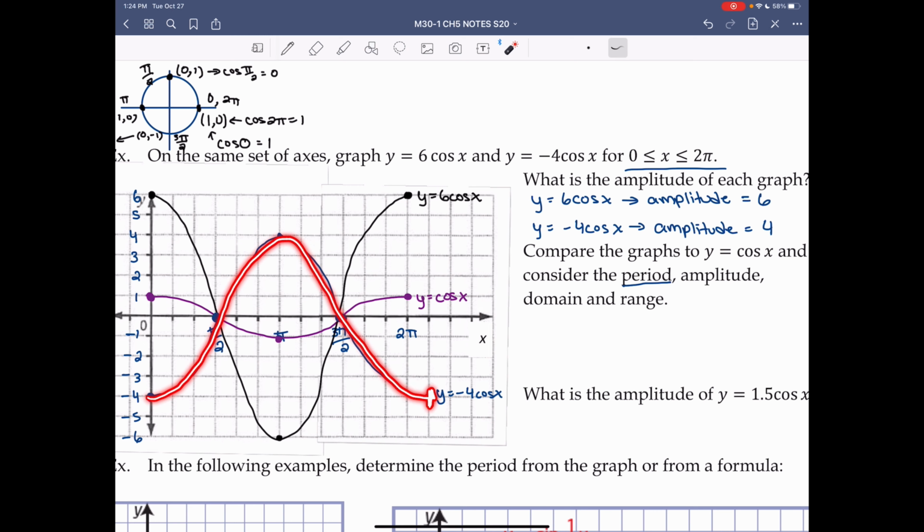After 2 pi, it would start heading back up and repeating. Same for all of them, and it is 2 pi.